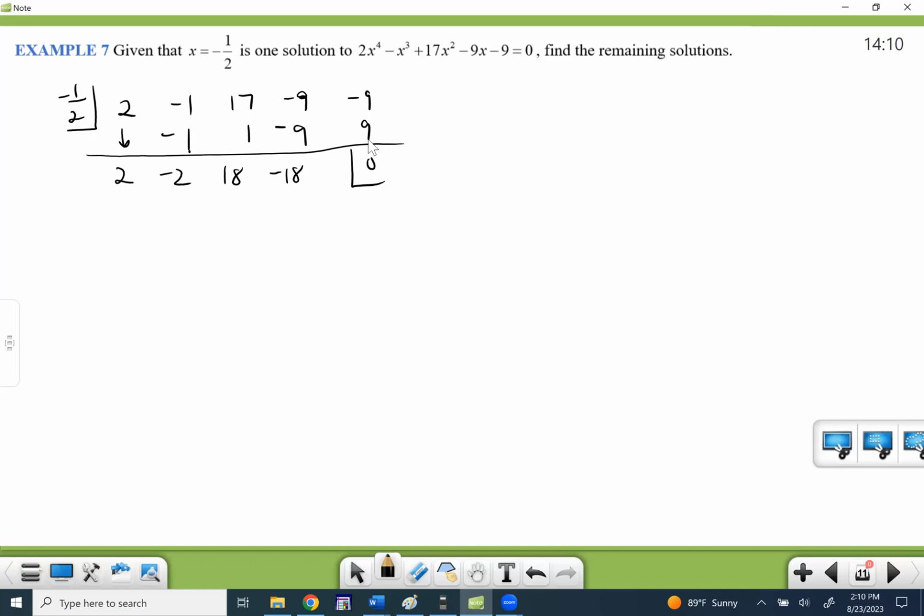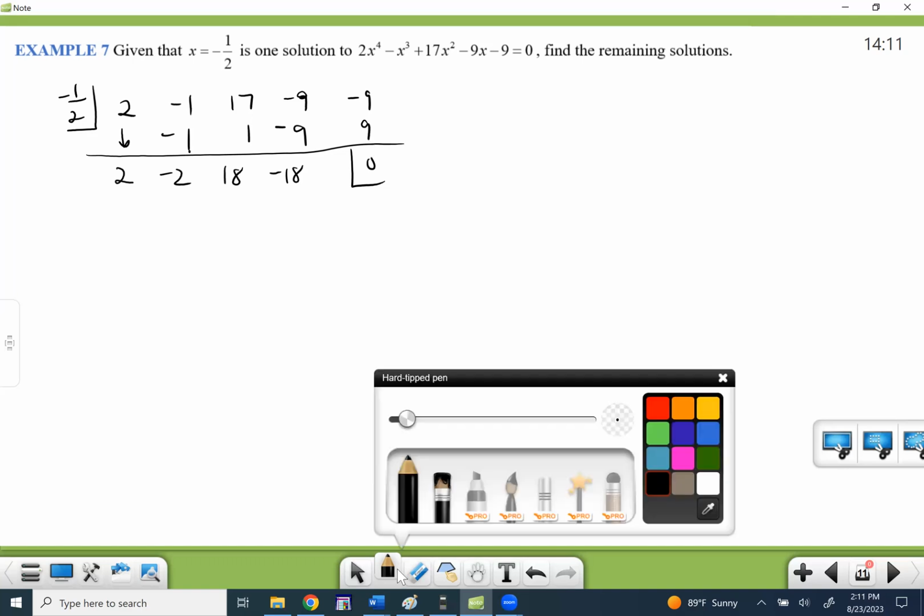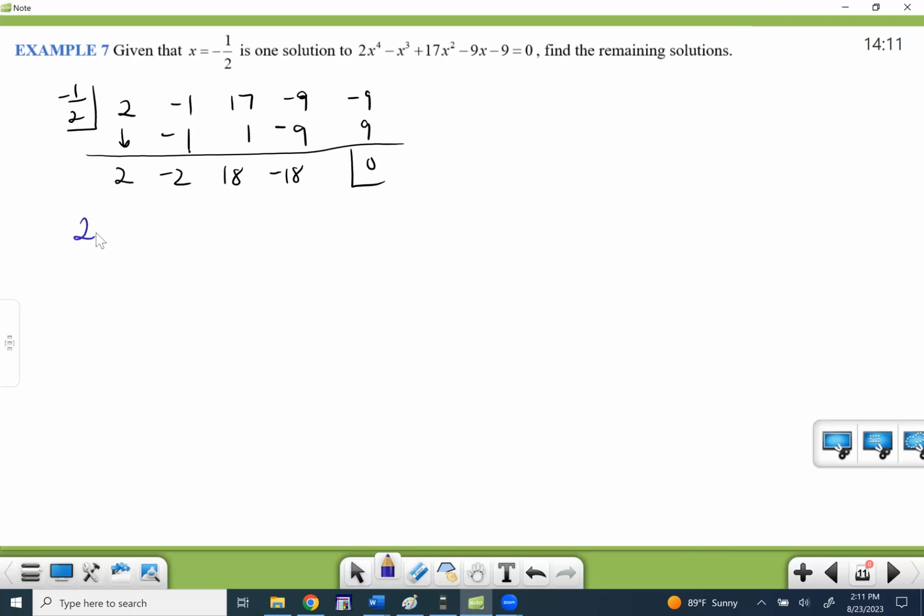All right, so I'm looking at that and I'm going, I don't want to keep doing synthetic division. I can see that that's going to be pretty nice if I go and I put the x's back. So it was degree 4, so now it's degree 3. So let's go and put those x's back.